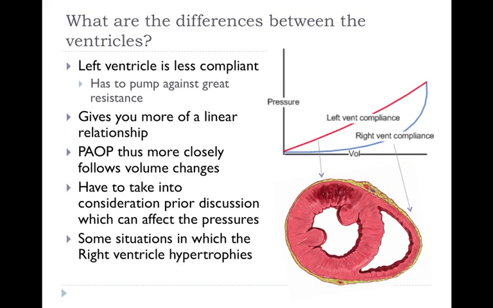The other situation where the CVP also becomes very accurate due to hypertrophy would be somebody who has chronic pulmonary hypertension or a history of increased resistance in the pulmonary circulation, which leads to right ventricular hypertrophy.